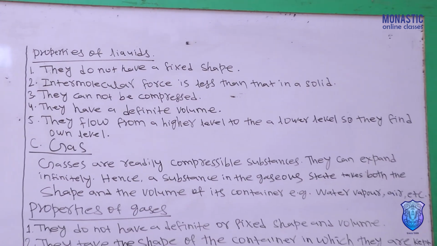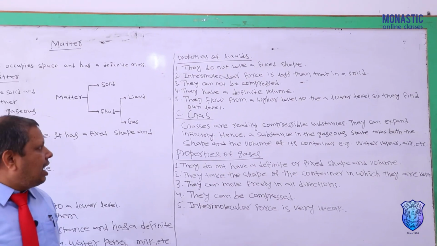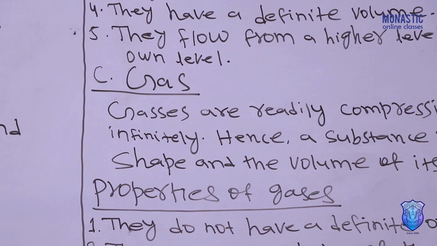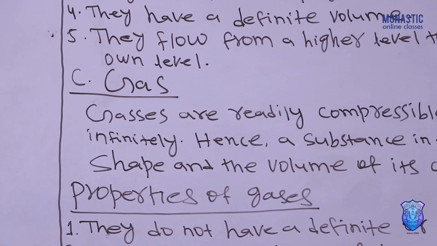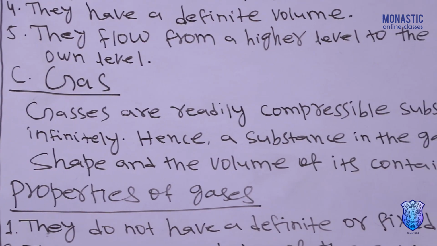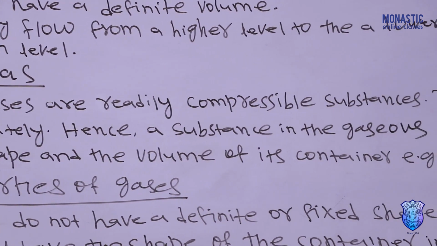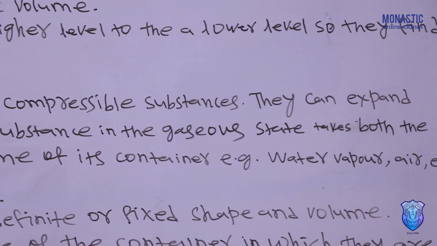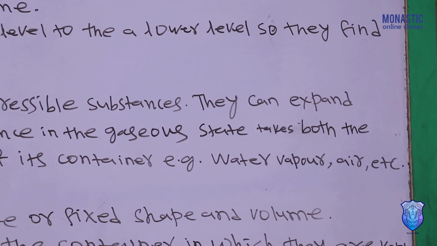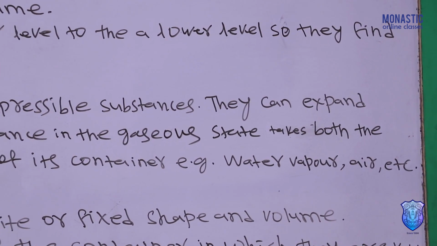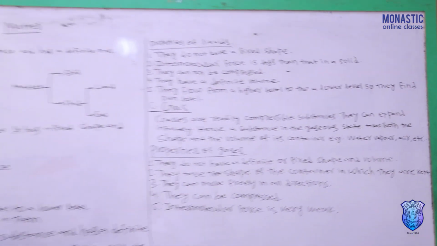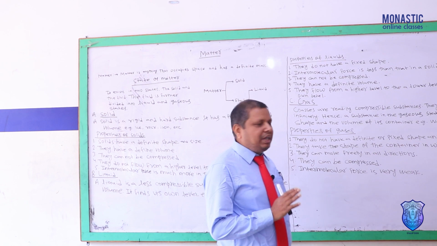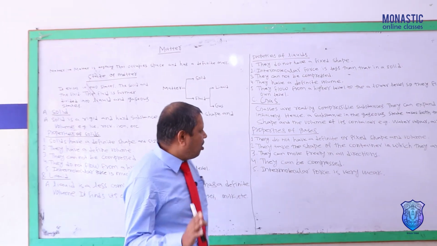And after that, gas. Gases are readily compressible substances. They can expand infinitely. Hence, a substance in a gaseous state takes both the shape and the volume of its container. Examples: water vapor, air, etc. Properties of gas: they do not have a definite or fixed shape and volume.